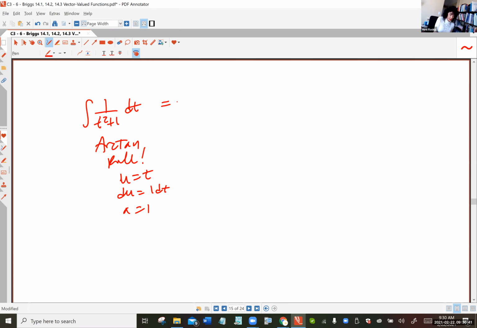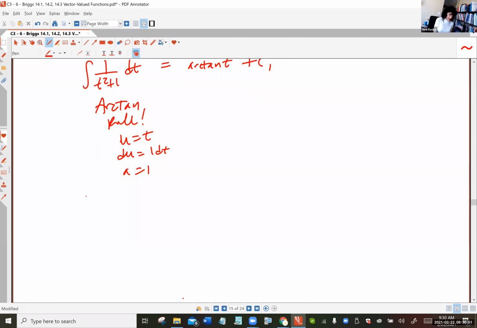So your result is 1 over a, which is 1 over 1, which is 1, times arctan of u over a, which is just t, plus C1. Then when you integrate the second component, that's pretty easy, right? What's the integral of sine? It's negative cos, but we have a negative here, so that's going to make it a positive 2 cos t plus C2.